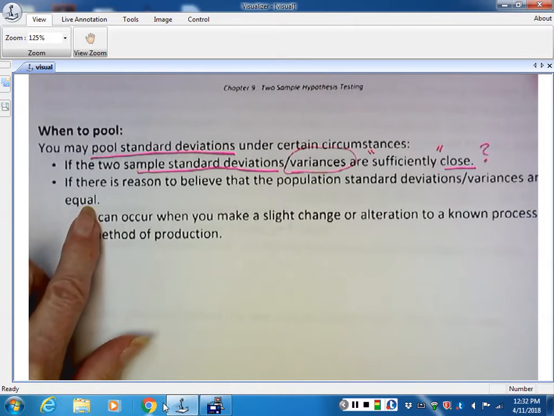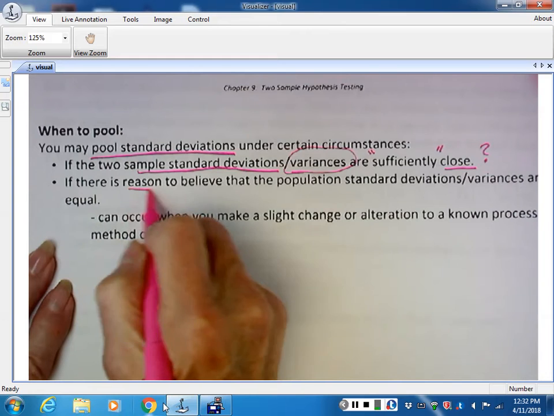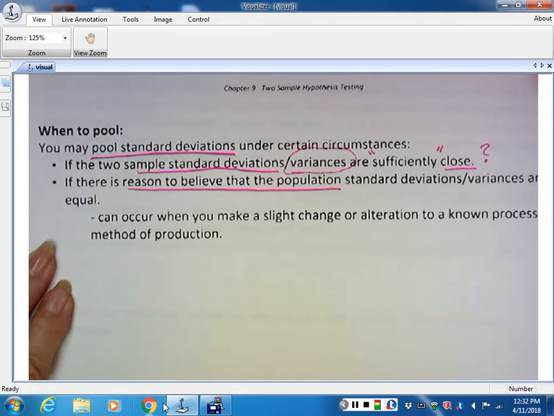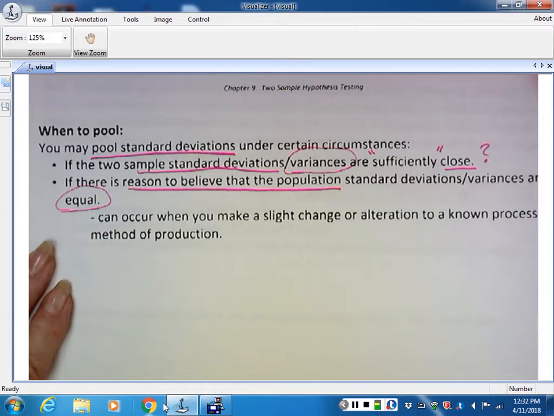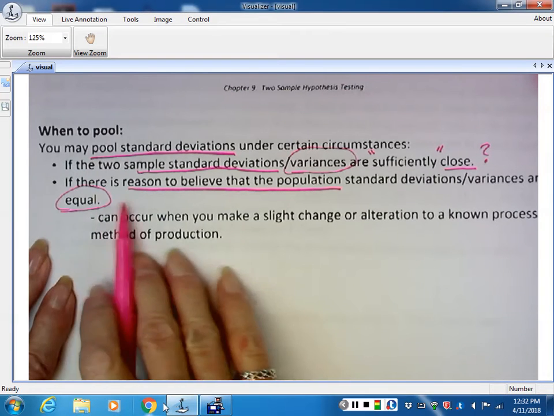Or if there is reason to believe that the population standard deviations or variances are equal. There again, unless somebody tells me they are, I don't want to make that judgment. I don't know, is $1 close enough, or does it have to be $100 to be close enough? I don't know what's close enough. I don't know if they are equal.